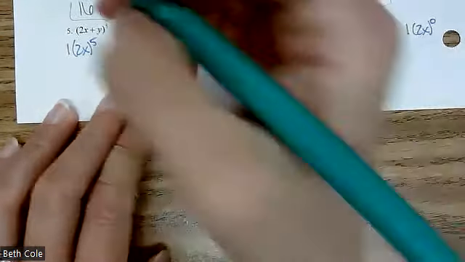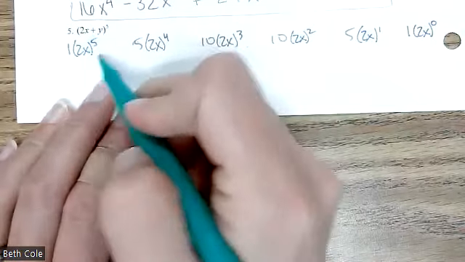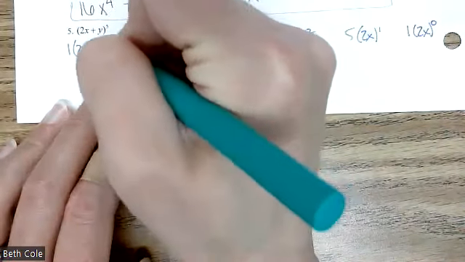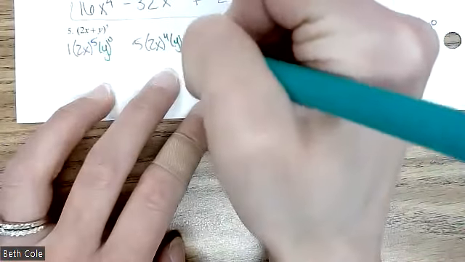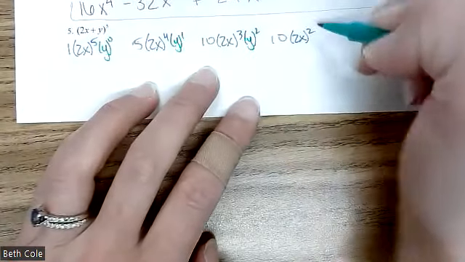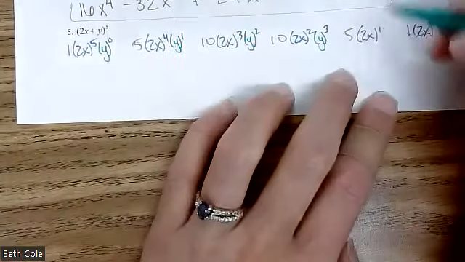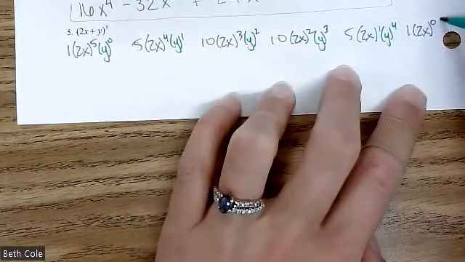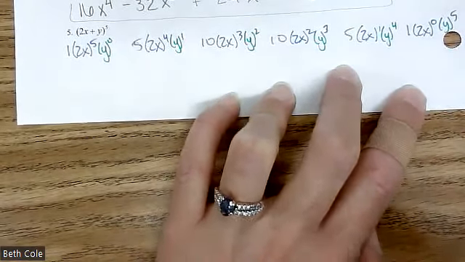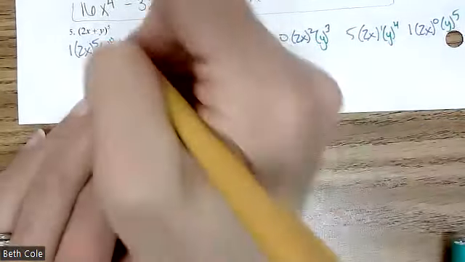And then the other part is y. So how do we start with the first one here? y to the 0, y to the 1, y to the 2, et cetera, et cetera. And then slap some plus signs in between them.